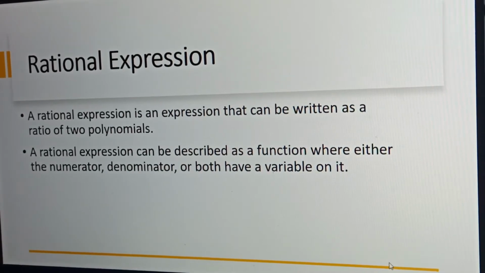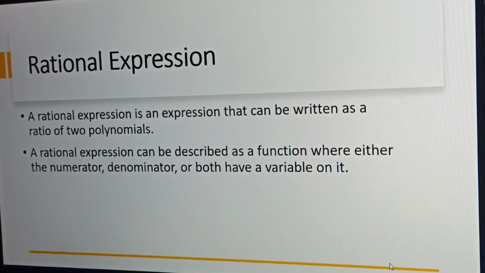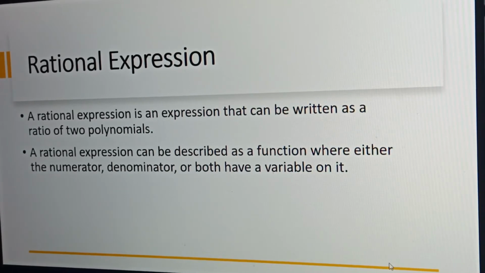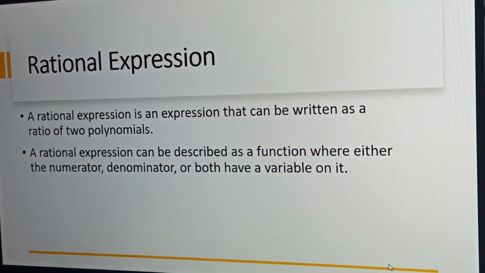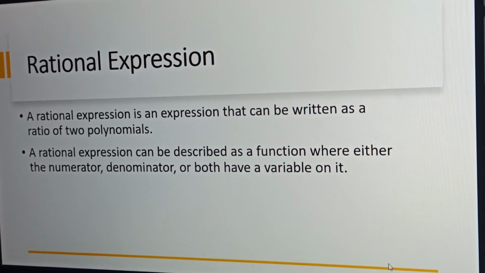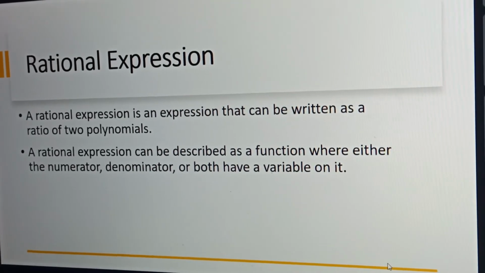So, ma'am, how can we determine if the given equation or the given algebraic expression is a rational expression or not? Masasabi natin that the given algebraic expression is not a rational expression kapag yung kanyang exponent is a negative exponent.